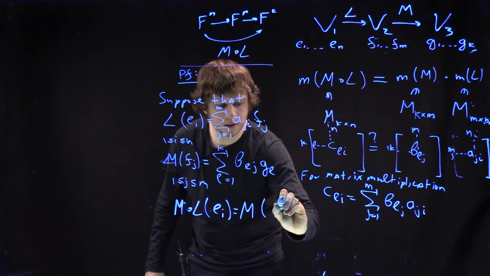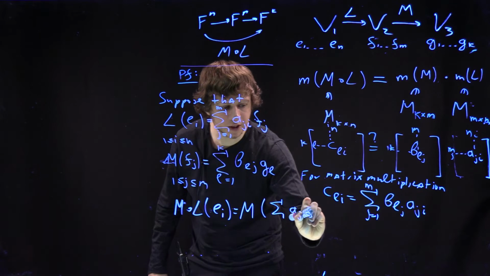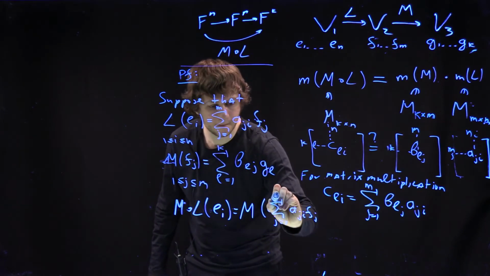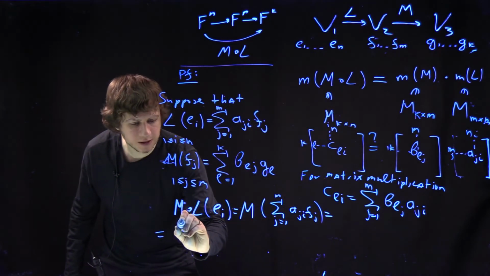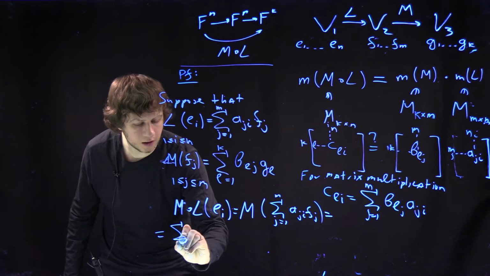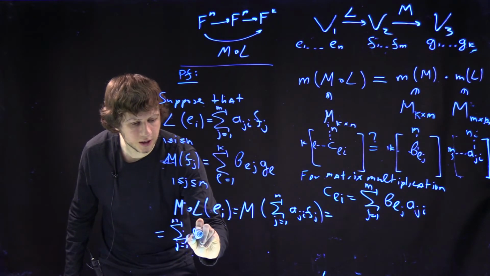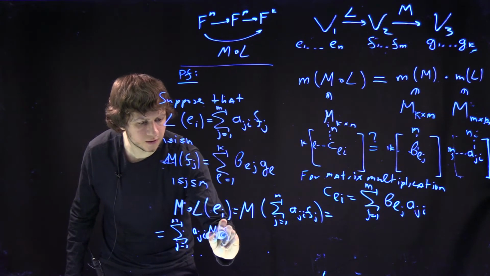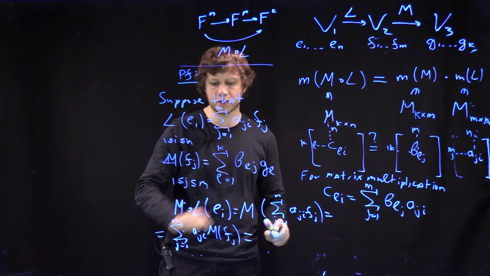So the sum of AJI FJ from j equal 1 to M. And of course we can apply linearity. So this is the sum from j equal 1 to M of AJI M of Fj. Then we can plug in the formula for M of Fj.